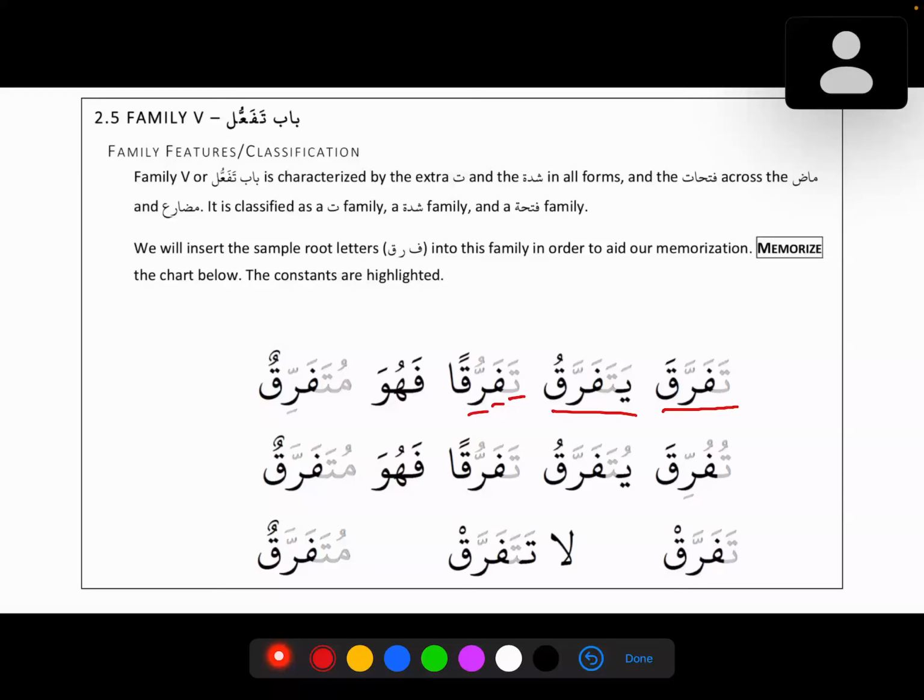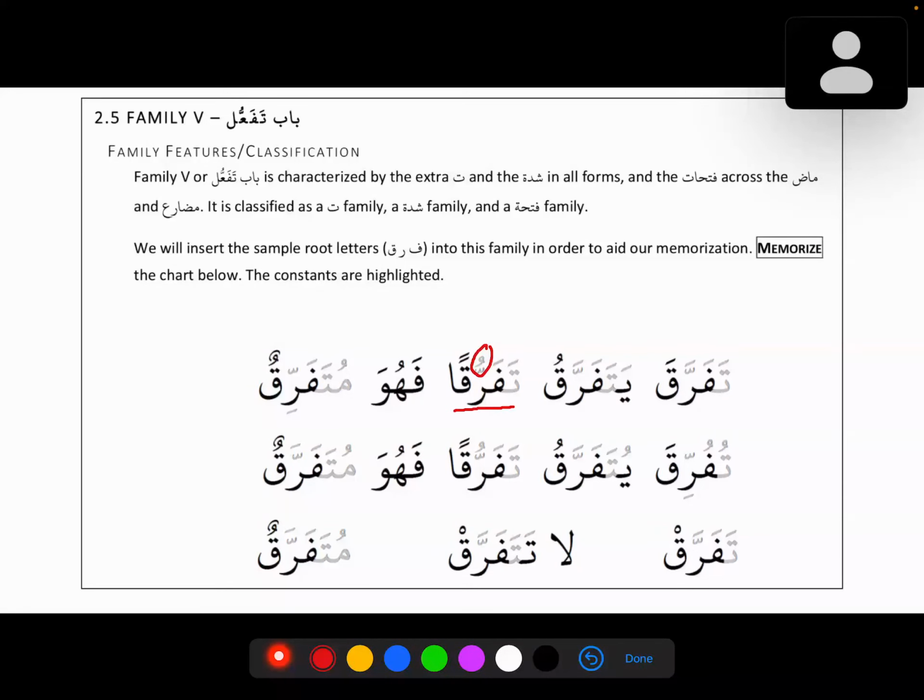Tafarraqa, this is the madi version. Yatafarraqa, all fathas, right? Even in the mudari'a, yatafarraqu, we know that the mudari'a is always going to end with a dhamma, otherwise it takes all fatha. Now when it comes to the masdar, we need to remember that its middle root letter is going to take a dhamma.